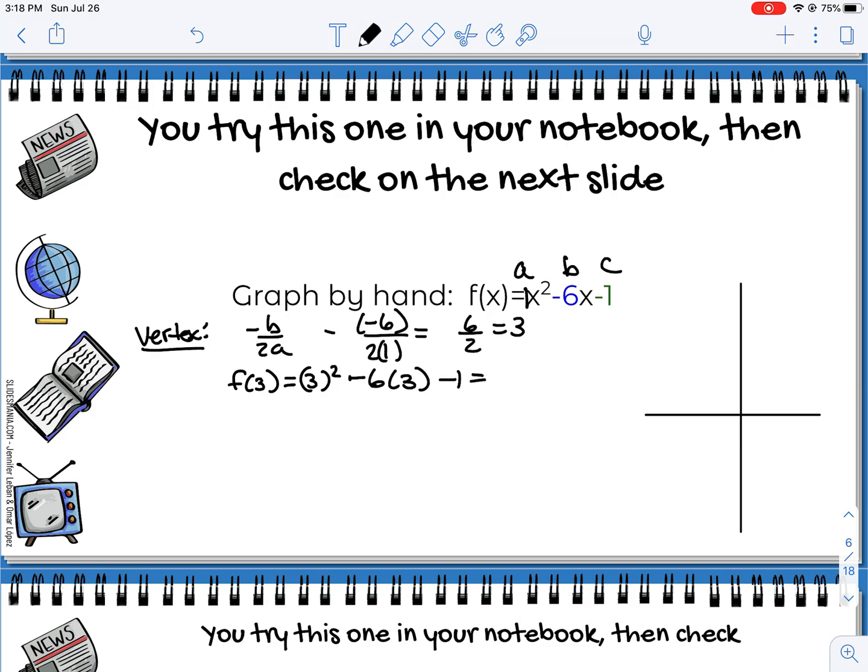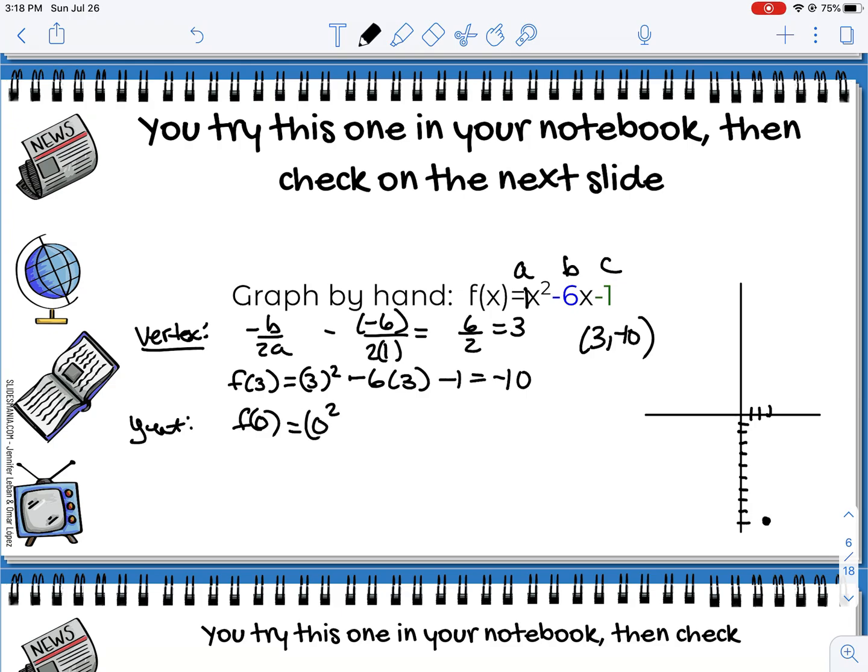It looks like that would come out to be negative 10. So there's my vertex, (3, -10). So I'm going to go over 3 and plot my vertex.